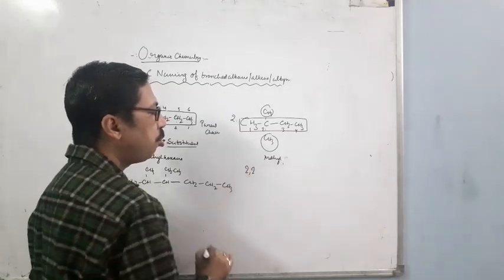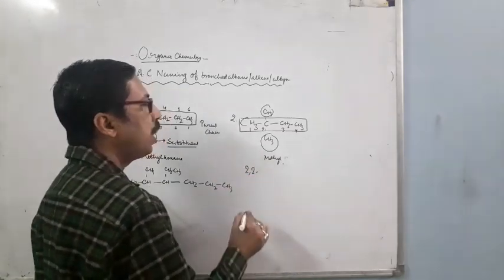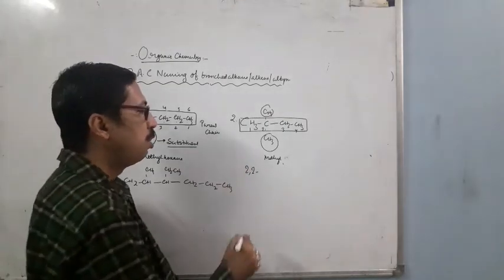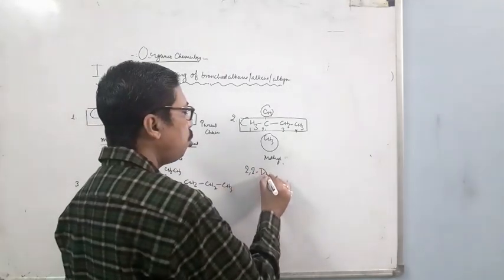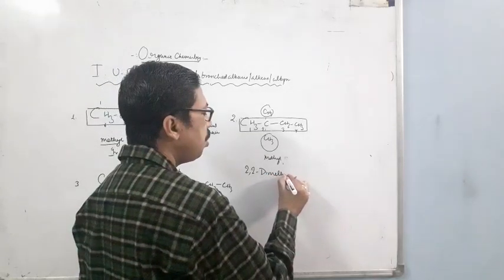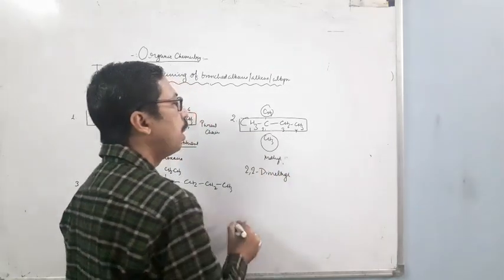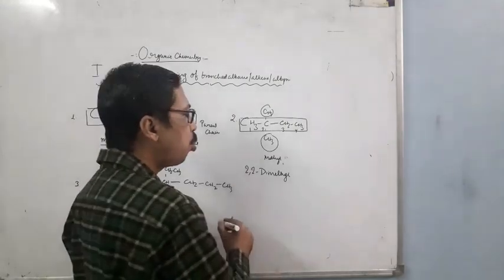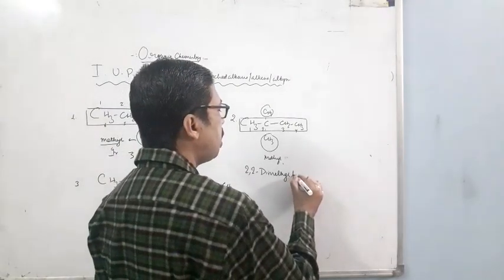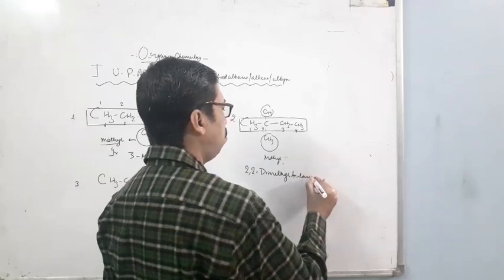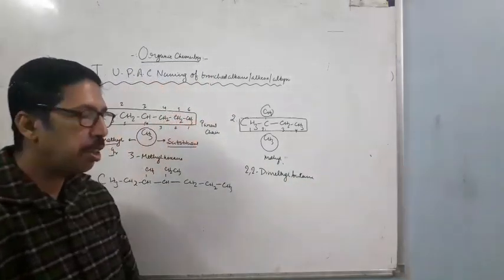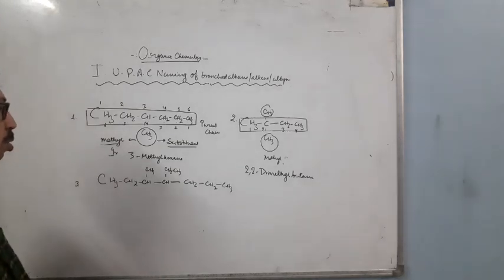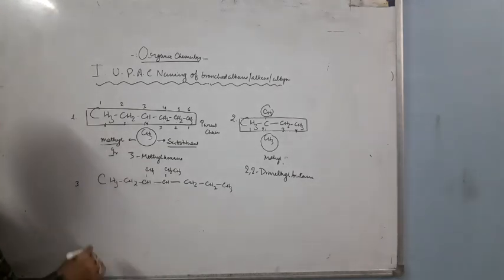So we can write 2, 2, dash, and both the substituents are the same, that is methyl, so 2,2-dimethyl. And how many carbon atoms are in the parent chain? There are 4 carbon atoms. So we can write 2,2-dimethylbutane.